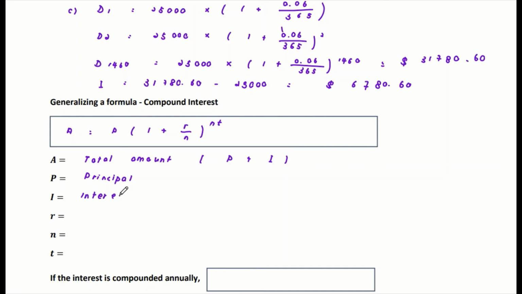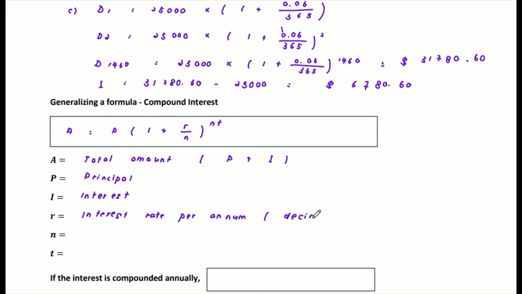Okay, in this case, we actually do not have any I here, because you are just calculating inside already. So the R here is the interest rate. And remember, this one has to be per annum also. So this is in decimal as well.